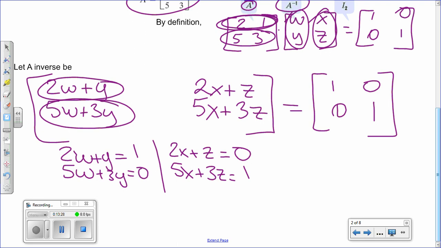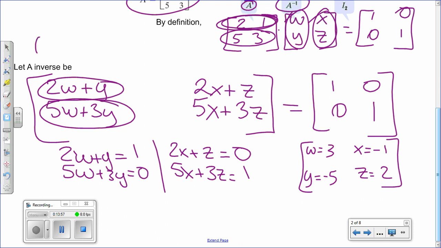We're not going to solve them because you guys are past that. But I can tell you that the solution was W is equal to 3, X is equal to -1, Y is equal to -5, and Z is equal to 2. So if we wanted to write down the inverse, A inverse will just be the numbers that I wrote down there: 3, -1, -5, and 2.